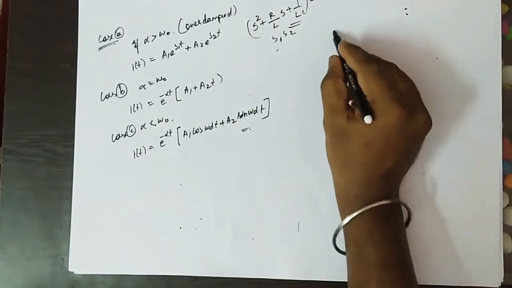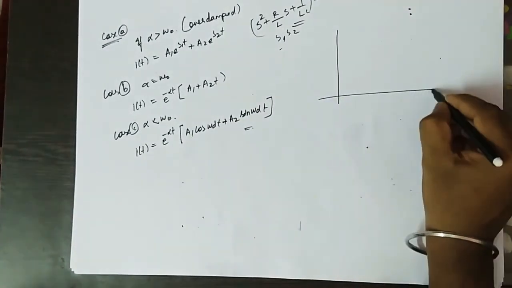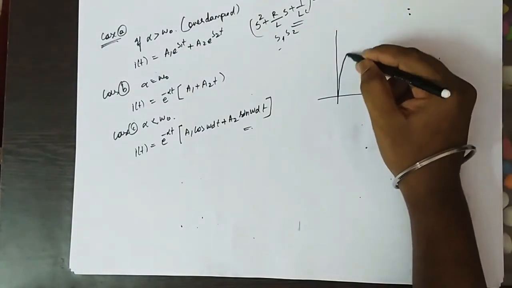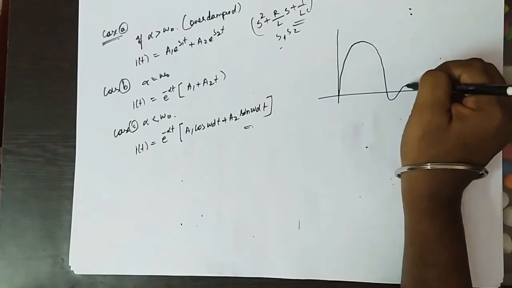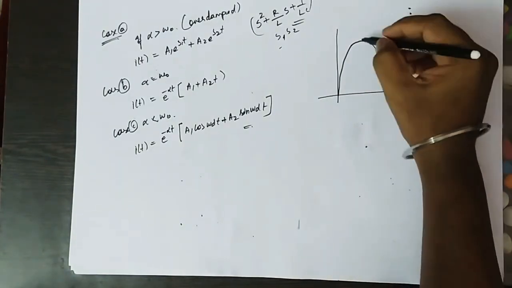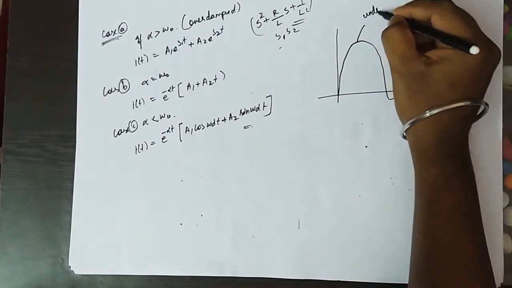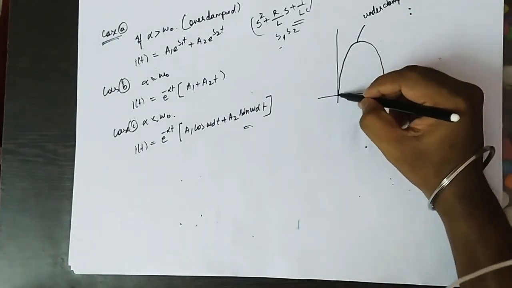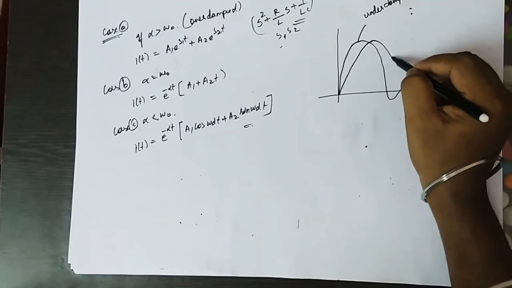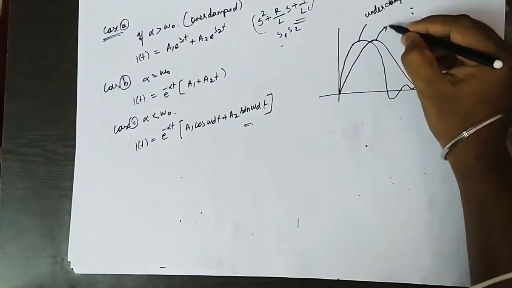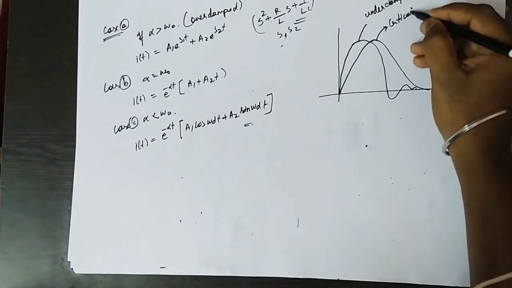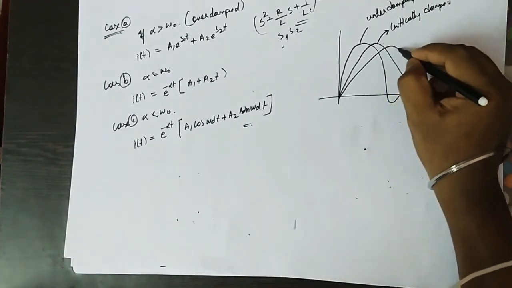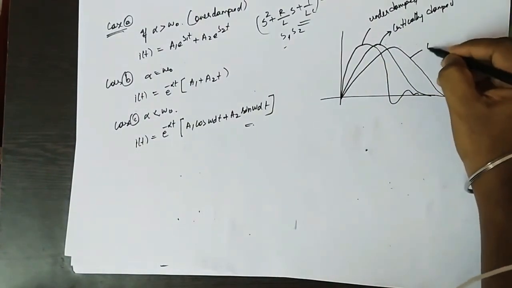That means if you plot the curve of the response i of t, this is the response of underdamped, this is the response of critically damped, and this is the response of overdamped.